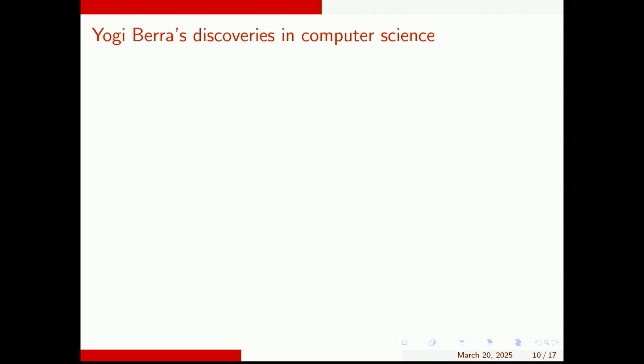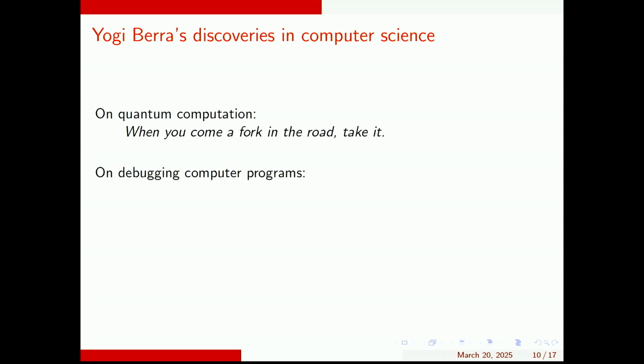You can get, I think, more than one book with his quotes. And what only a few of you may know is that computer scientists have discovered that he anticipates all of their discoveries. I'll give you just the ones I'm going to use, to warm you up for their flavor, both in what Yogi said and how the computer scientists have decided to label them.